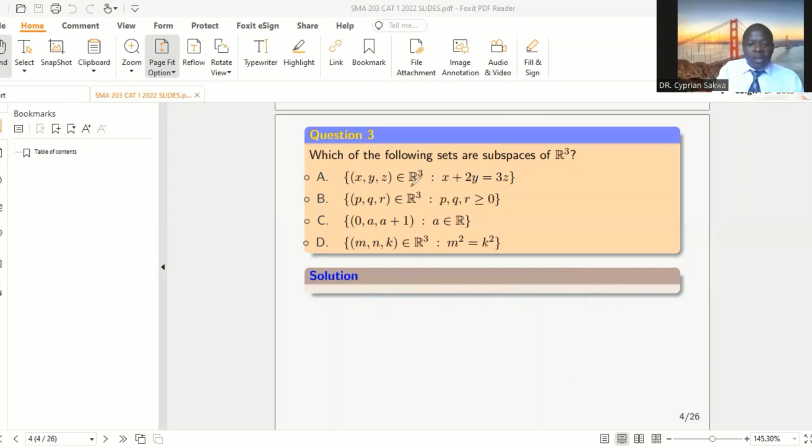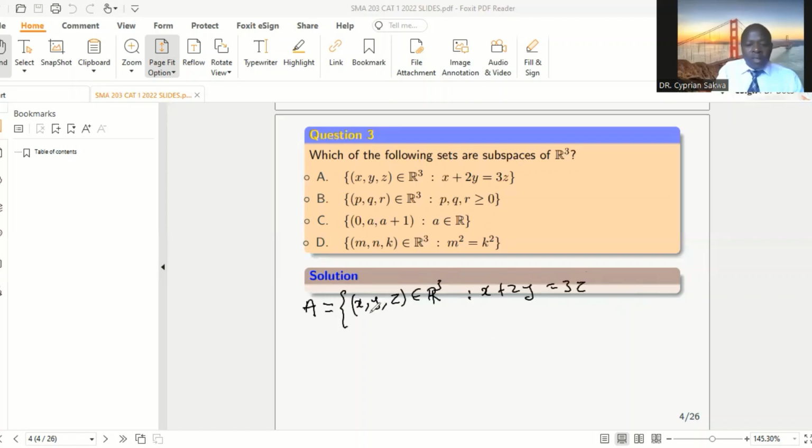We've been told that this, let me call it subset A, is given to us as a set consisting of elements X, Y, Z in R3, such that X plus 2Y will be 3Z.